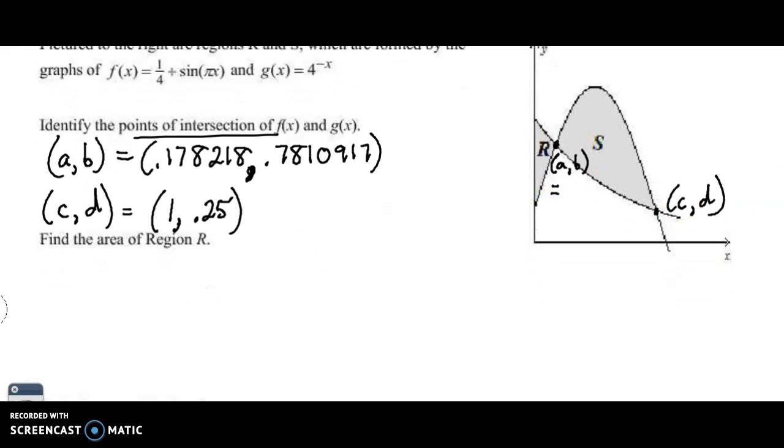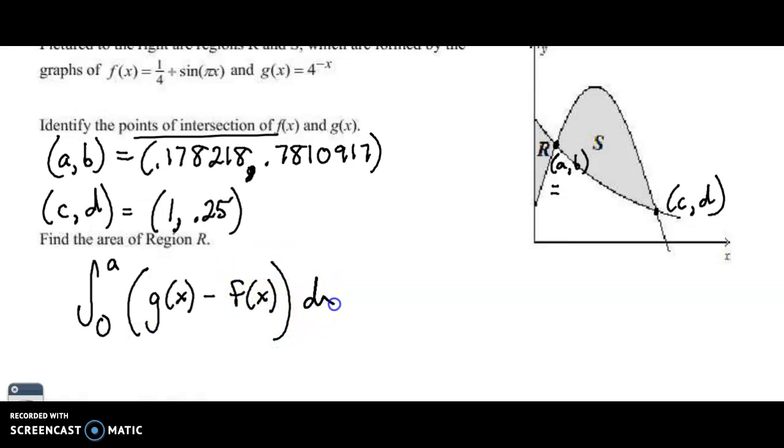So if you're finding the area of region R, then it makes perfect sense to say, okay, well, we're going to go from 0 to A. The upper function is the g of x function, and then the lower function would be the f of x function, dx.